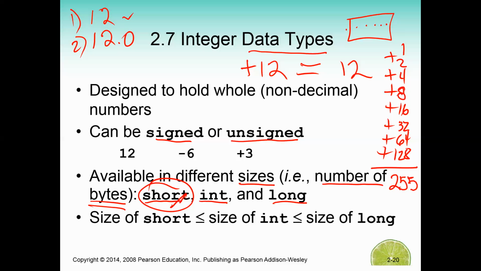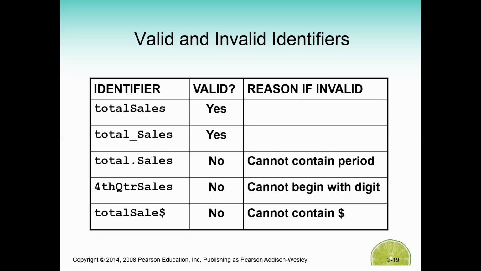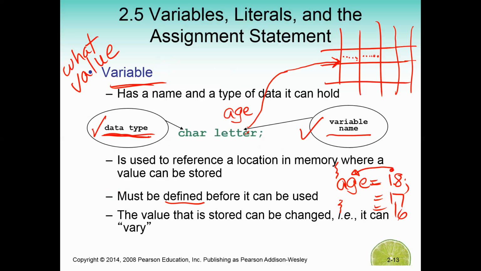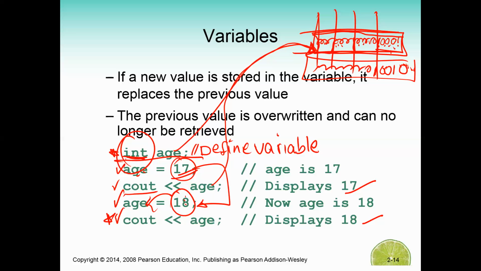Okay. If I move to an INT, if I say my integer age is going to be INT, like I did here in this program, right here, age. I put INT, age.